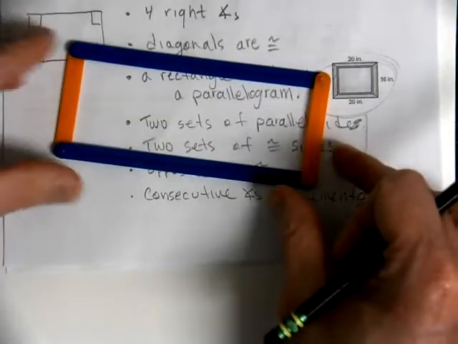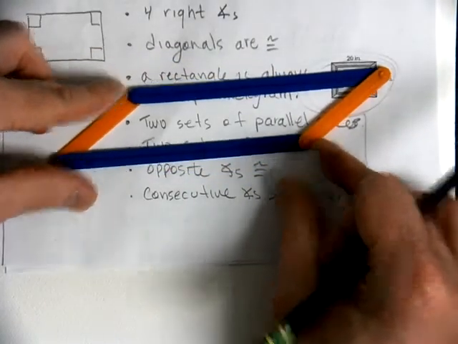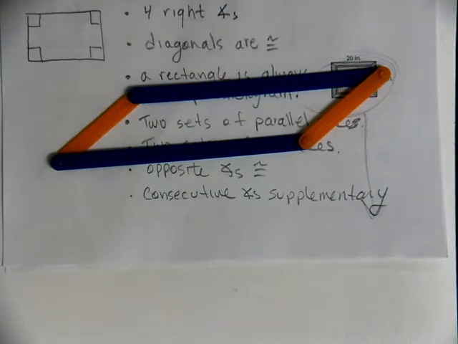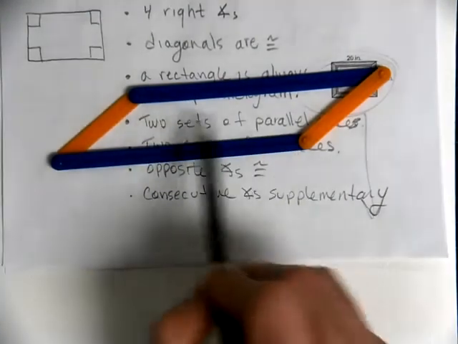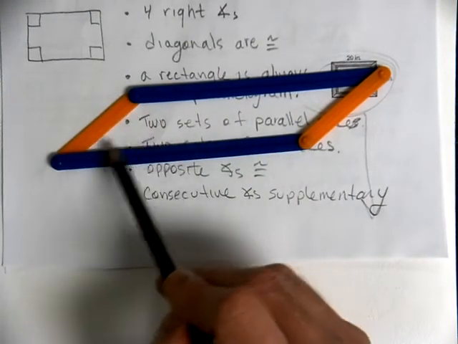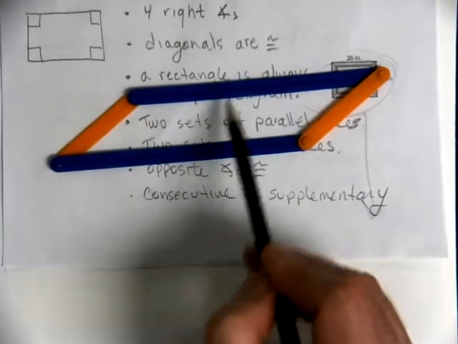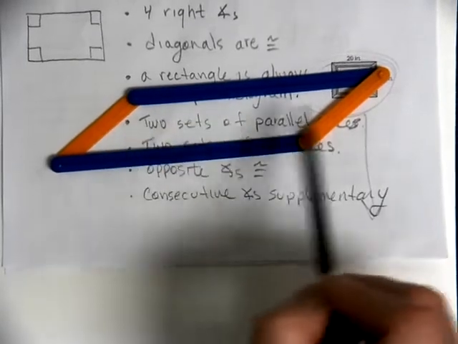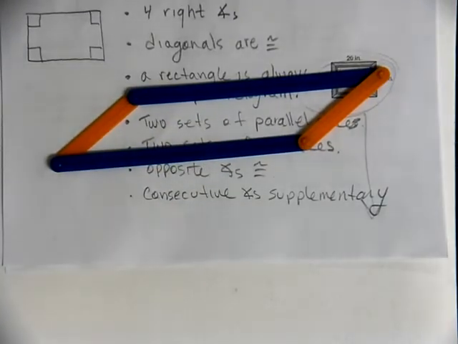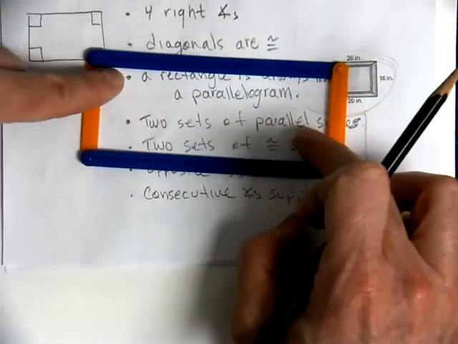Here's a parallelogram. That shape there would be our parallelogram. Opposite angles are both congruent. Consecutive angles are supplementary. Opposite sides are congruent. Opposite sides are parallel. All those properties are true about every parallelogram and every rectangle.